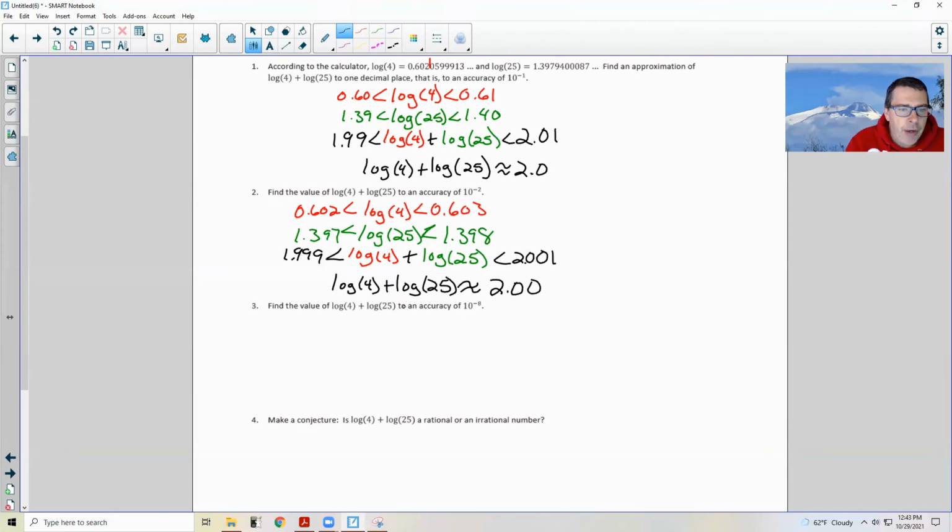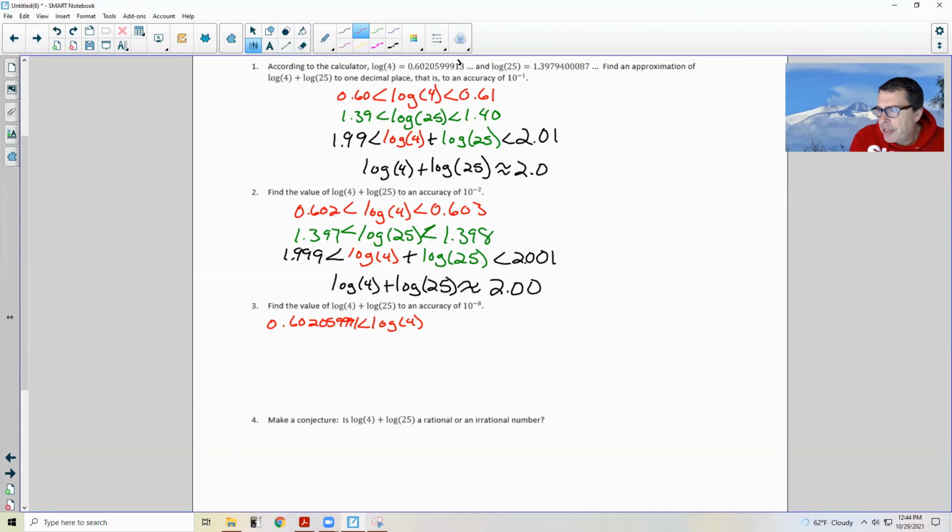Okay, now it says out to an accuracy of 10 to the negative 8. So to do that, we have to go out 9 decimal places. So let me just see how many they gave us. 1, 2, 3, 4, 5, 6, 7, 8, 9 would be right here, out to that 1. Okay, so the log of 4 is going to be greater than 0.602059991.